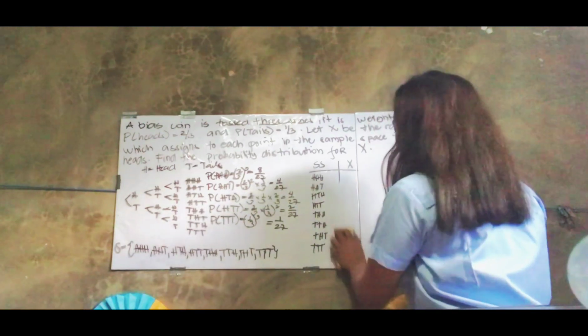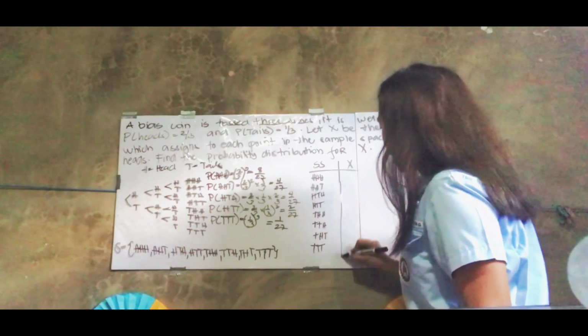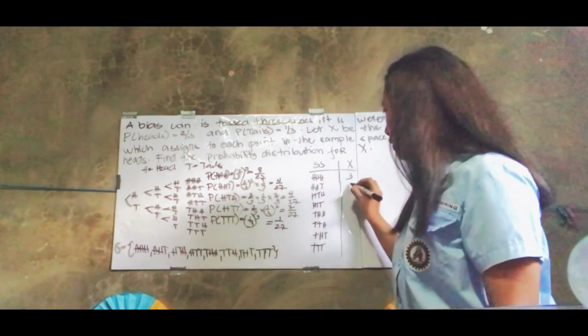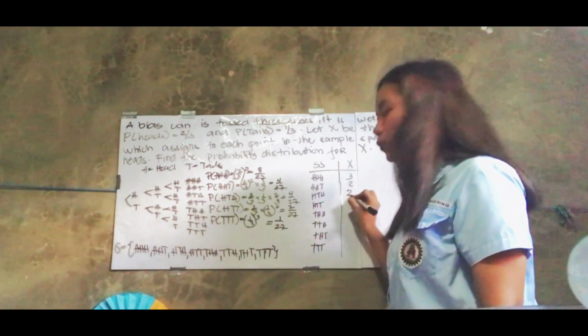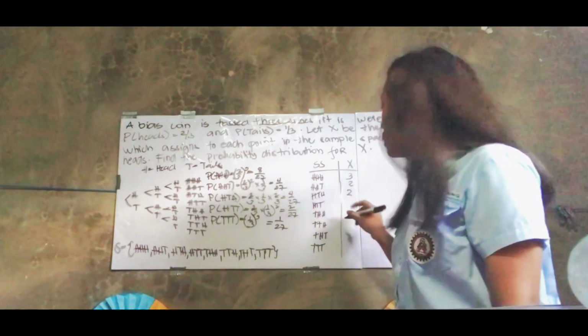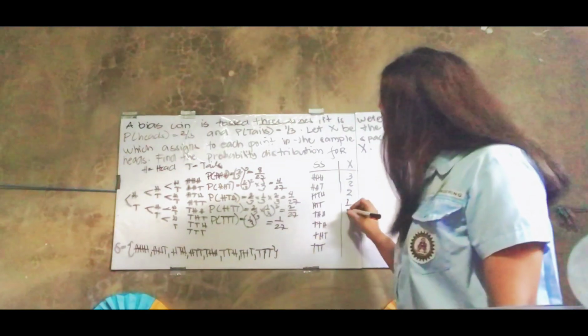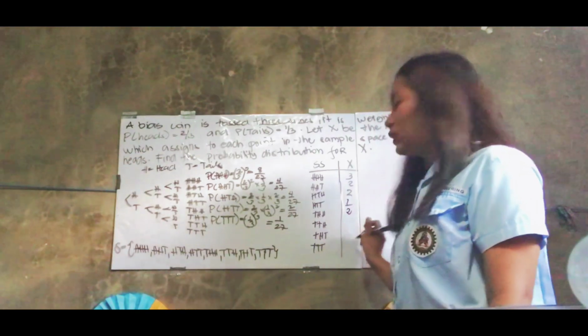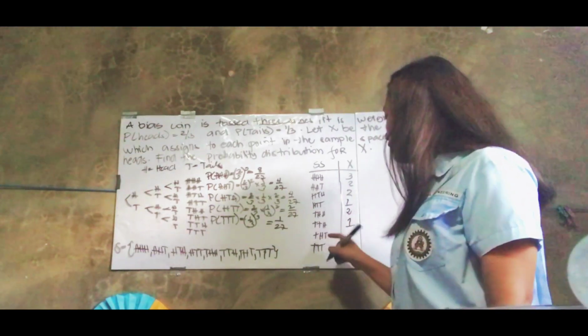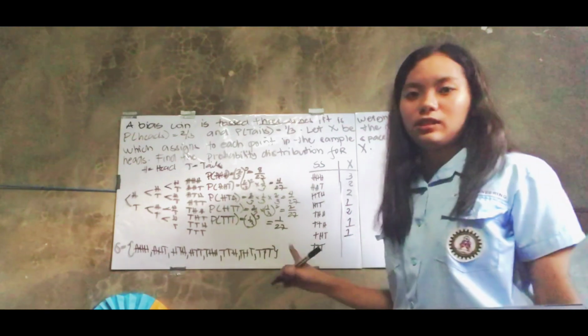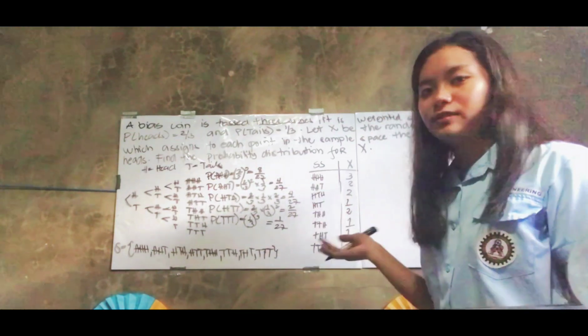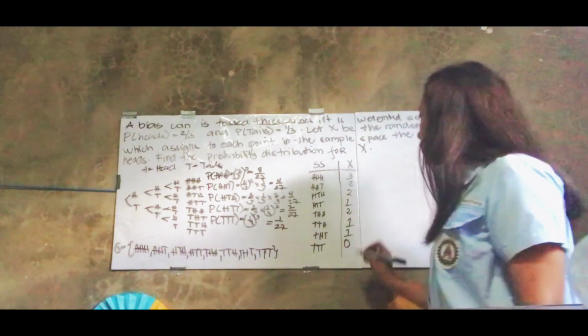In HHH, the number of heads that came out is 3, HHT is 2, HTH is 2, HTT is equal to 1, THH is equal to 2, TTH is equal to 1, THT is equal to 1, and TTT, no head came out, so it equals 0.